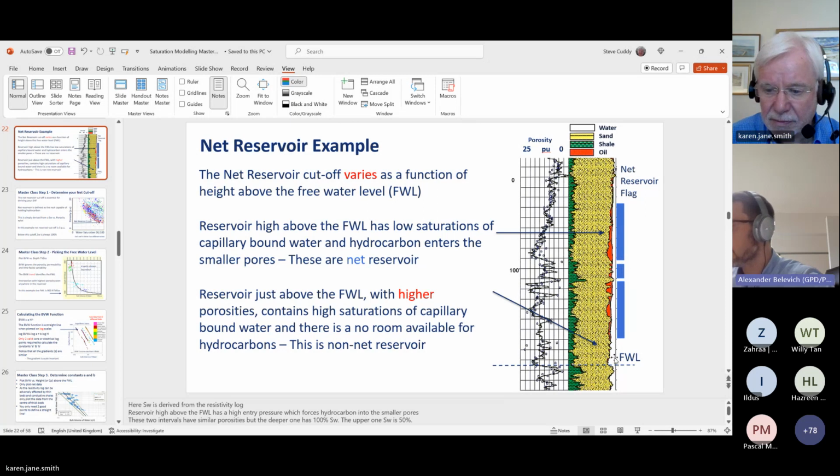You've got non-net here above the free water level, and you've got non-net here, here, and here. So at the very bottom, next to this one here, the porosity is quite high. So it seems like not just porosity was used to cut this off, right? Because this was first cut off, and then you did the BVW.